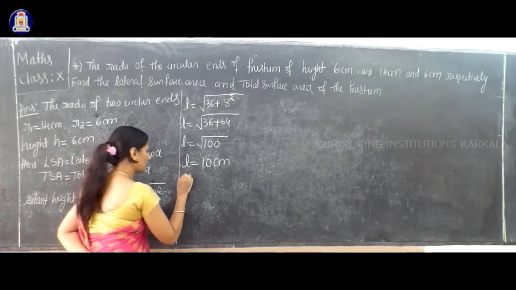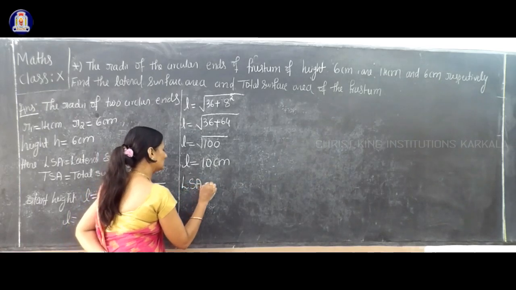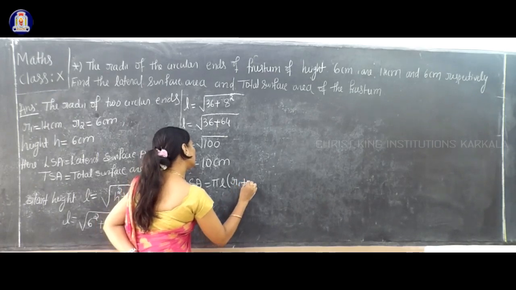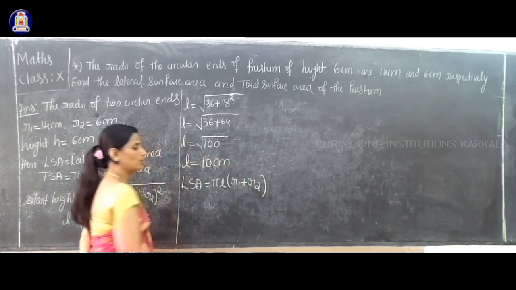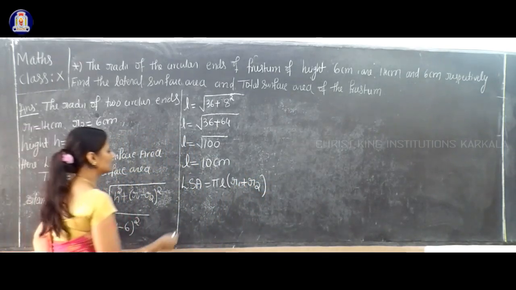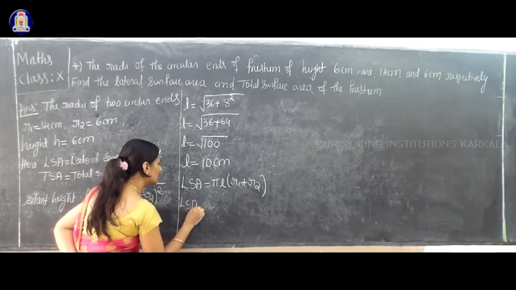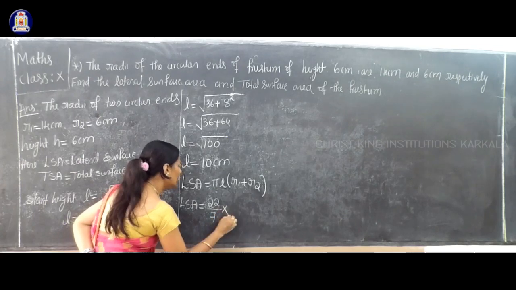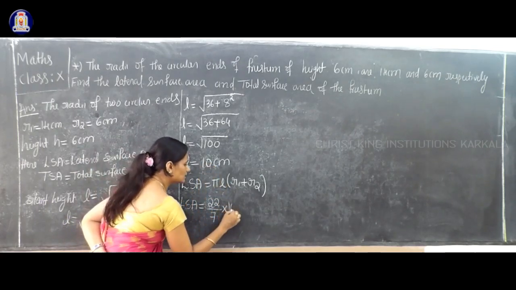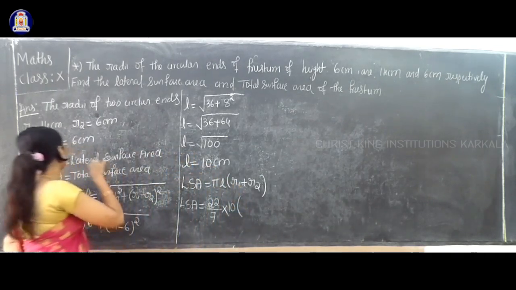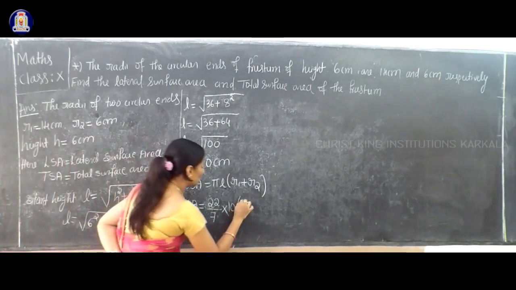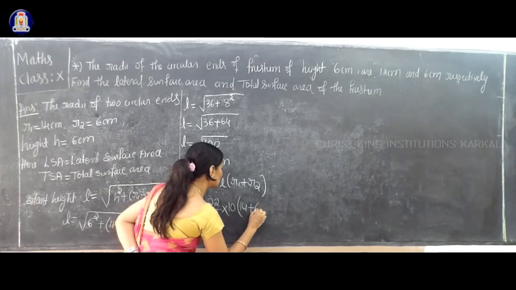So therefore, lateral surface area is equal to pi L into (R1 plus R2). Now substitution. Lateral surface area is equal to 22 by 7 into L, which is 10, R1 is 14, R2 is 6, so 14 plus 6.